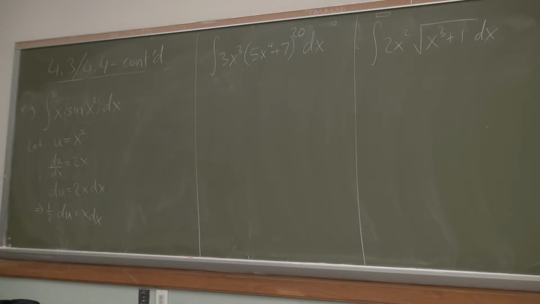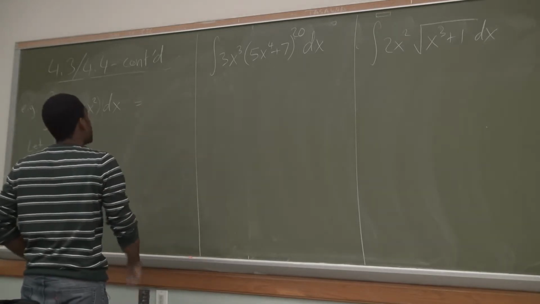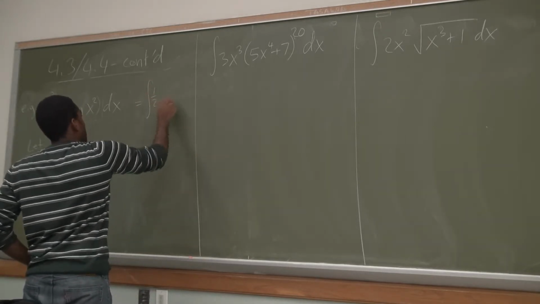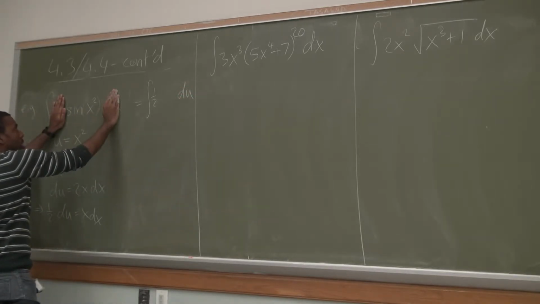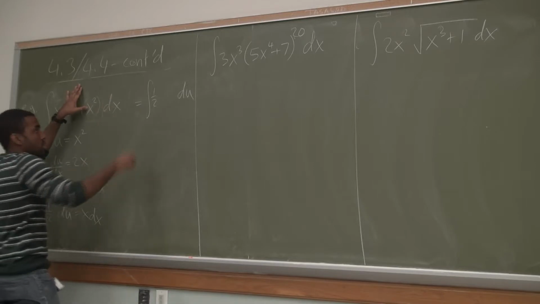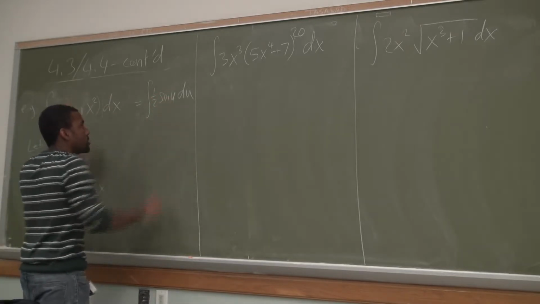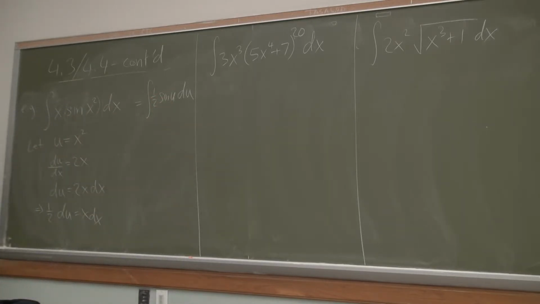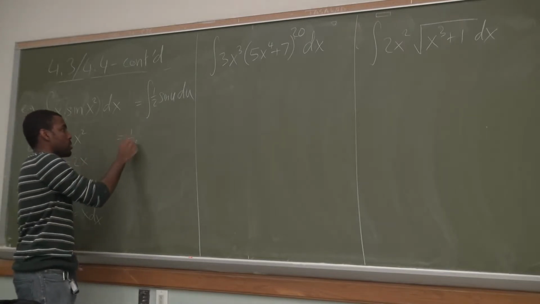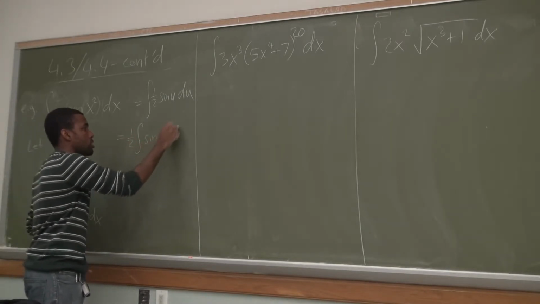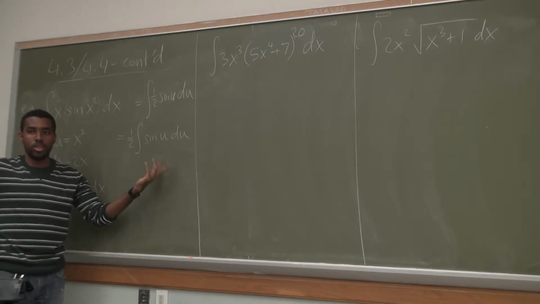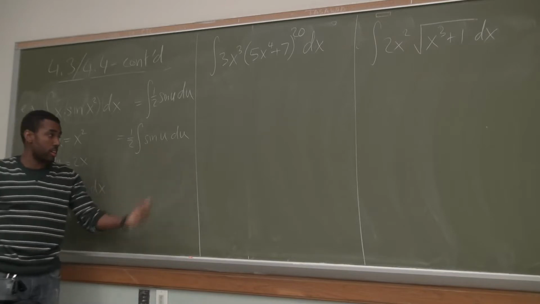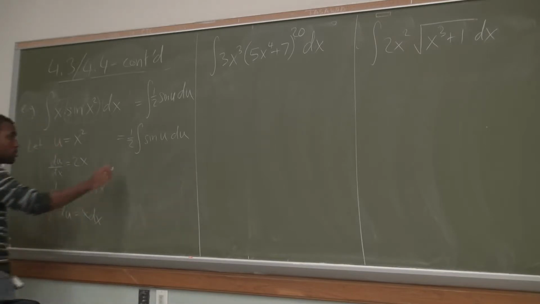And now what you do is you go and swap things out. So it turns out that this integral would be equal to 1/2 du replacing my x dx, and then sine of x squared is now just sine of u. So this thing just becomes 1/2 times the integral of sine of u du. And this looks like a basic rule, right? It's just like sine x dx. Remember I told you about dummy variables. It doesn't matter if it's an x or anything else. You can just apply the old rule.